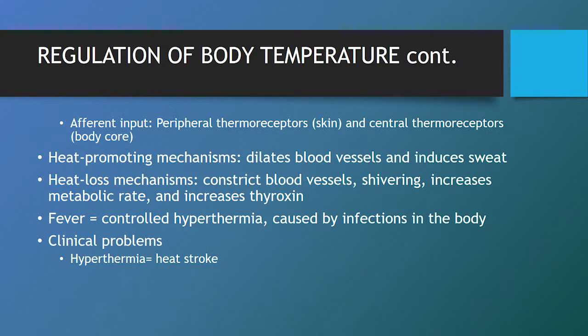The afferent input includes the peripheral thermoreceptors, which are in the skin, and then the central thermoreceptors, which are in the body core. The heat loss mechanisms dilate blood vessels and induce sweat, while the heat promoting mechanisms include constriction of the blood vessels, shivering, an increase in the metabolic rate, and increased thyroxine.